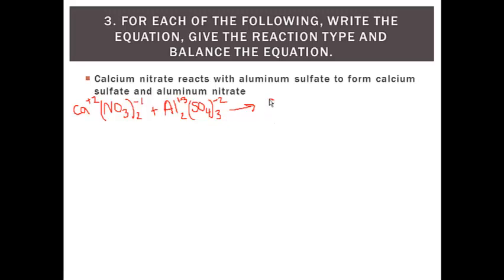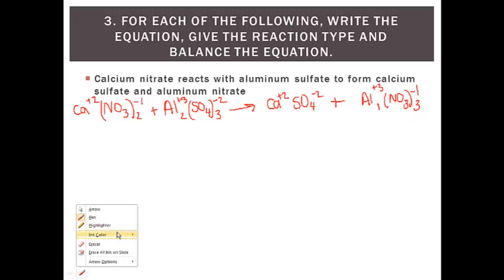We make calcium sulfate. Whenever we crisscross these 2's, we just get 2 and 2, which is the same thing as 1 and 1. And then we get the aluminum nitrate. So these guys are going to crisscross.